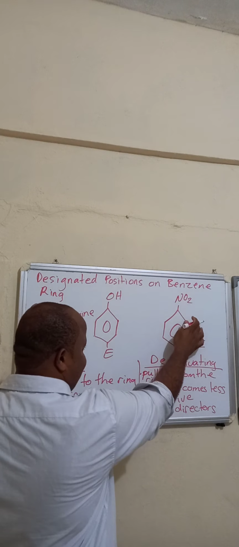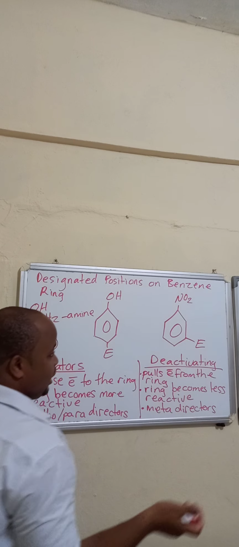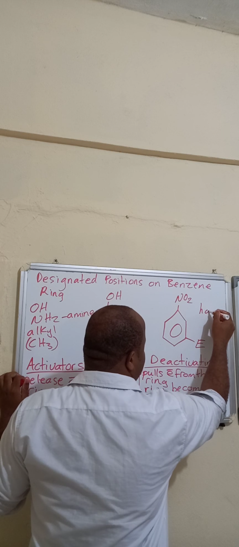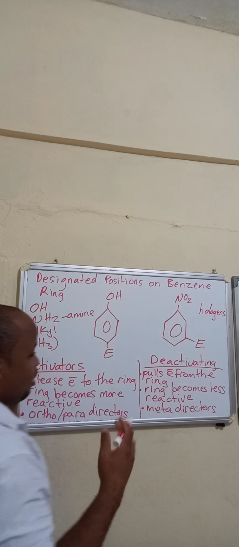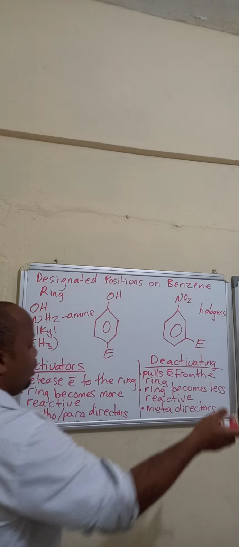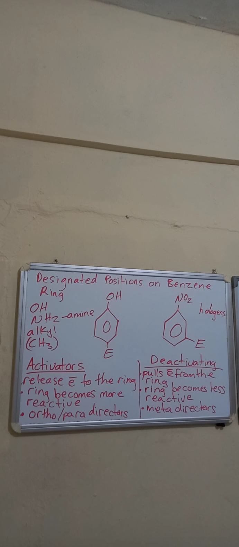And for this one, for the exam, you're most likely going to get nitrobenzene, and the other deactivators are the halogens. You have more activators than deactivators, but for the exam, the halogens and the NO2 group, those are the ones you're most likely to get.